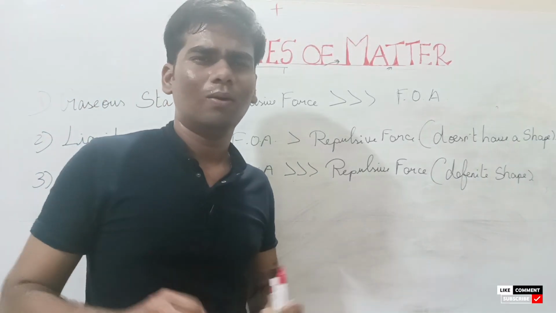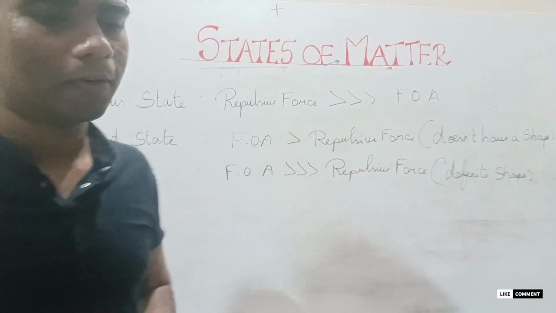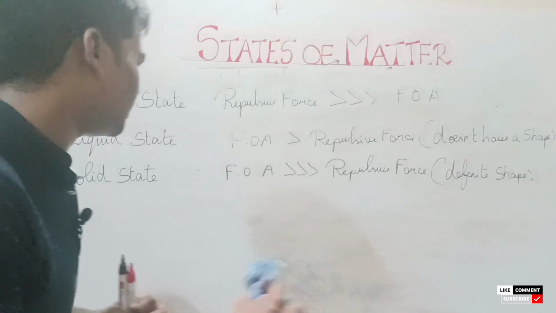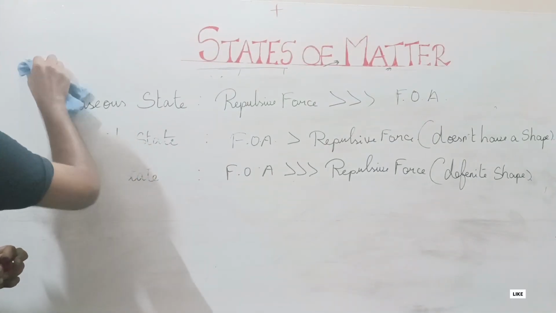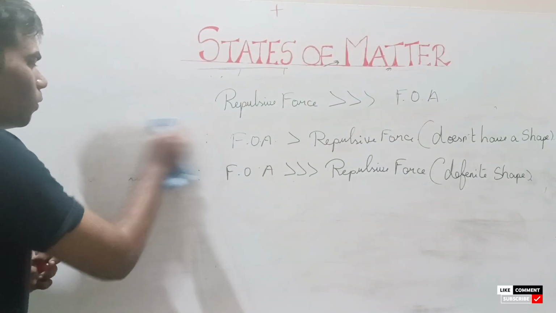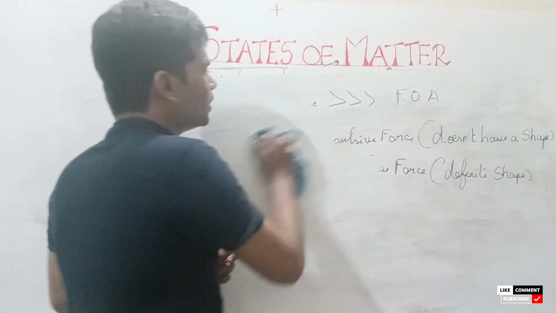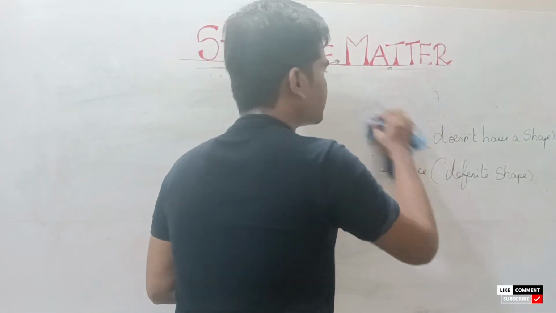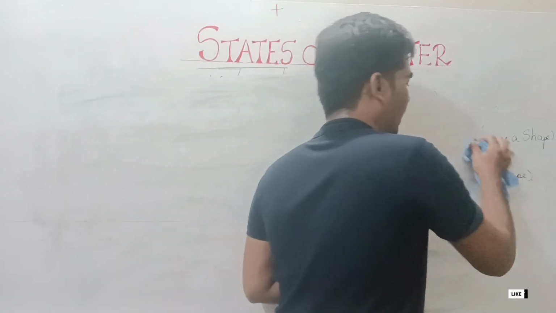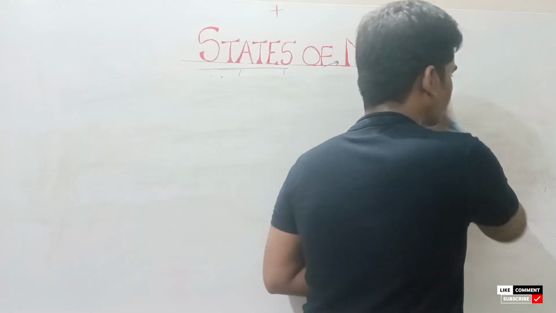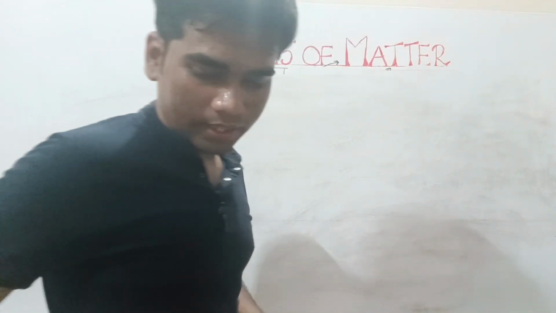You may be wondering why we are studying only the gaseous state. But before we study the gaseous state, you should know which elements in the periodic table are in the gaseous state in their natural configuration. Okay, I will write it here.